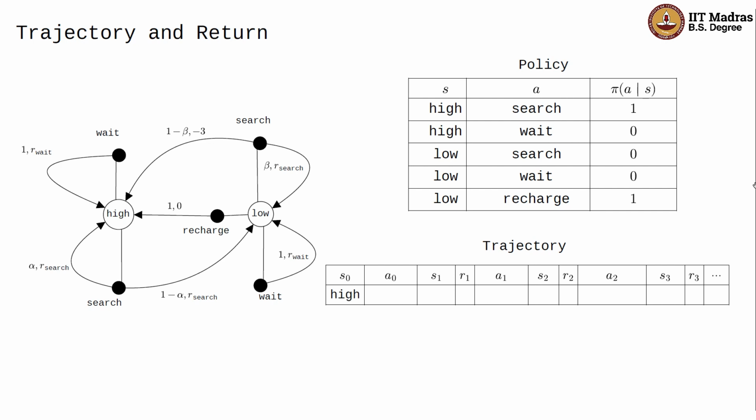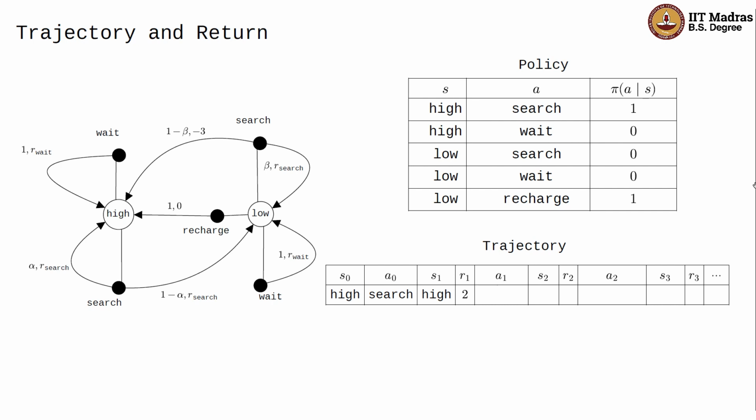Let's say we start with state high, and since we are following the deterministic policy, we have to search. If you decide to search from the state high, there is some probability with which you could go to state high, some probability with which you could go to state low. So assume that for this particular sample, the state ended up being high with some reward of 2. This would be like 2 cans being collected.